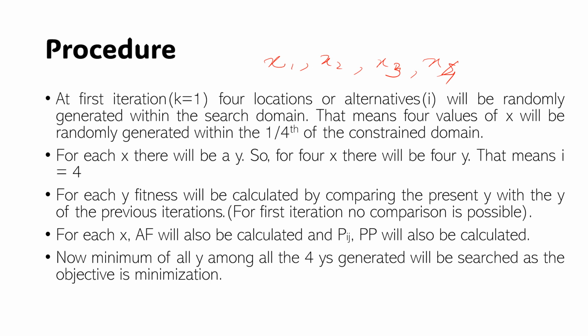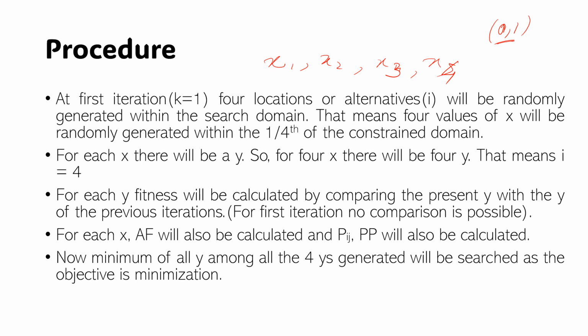So because we are generating 4 populations, 4 locations or 4 alternatives of the values of X are randomly generated at the first iteration, K is equal to 1. Randomly generated means within 0 to 1, normal distribution. Any value within 0 to 1.